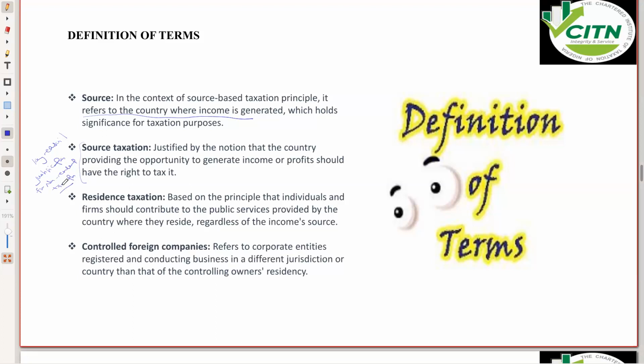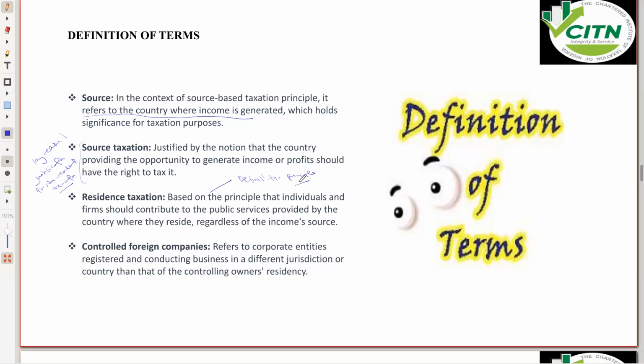Another concept we should be aware of is residence taxation. And I've mentioned it a number of times that for most countries, this is the default tax principle. This is based on the principle that individuals and firms should contribute to the public services provided by the country where they reside, regardless of the income source. You reside in Nigeria, for example, you benefit from government spending on security.